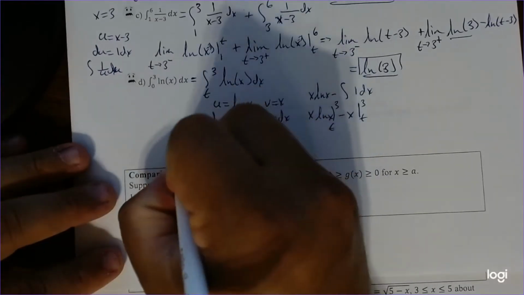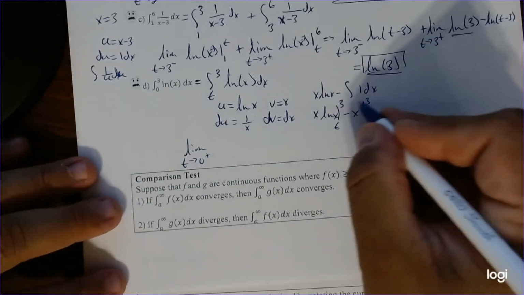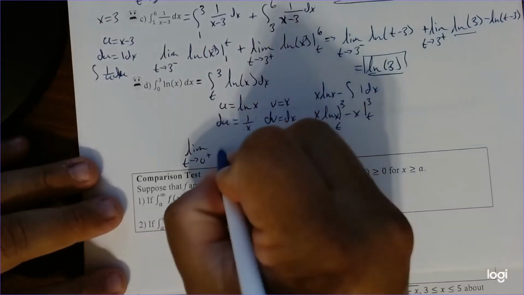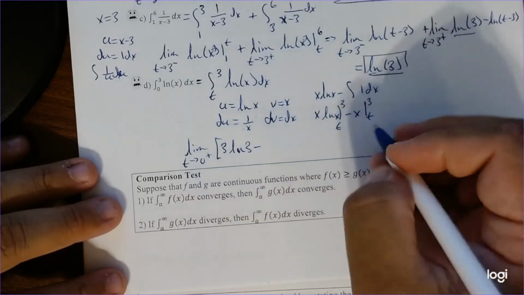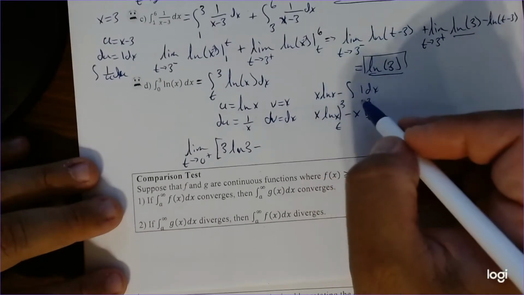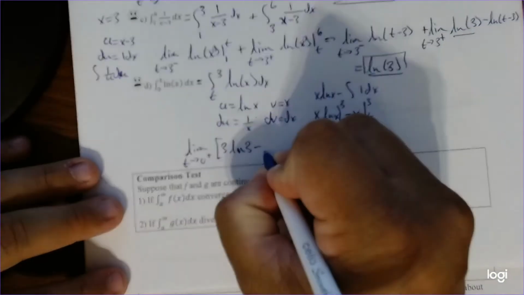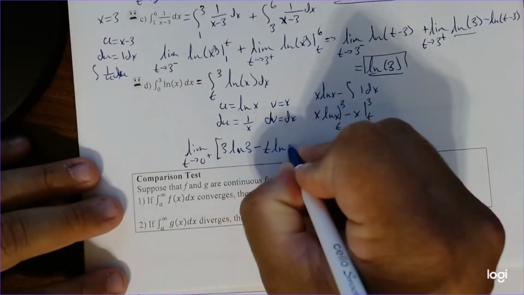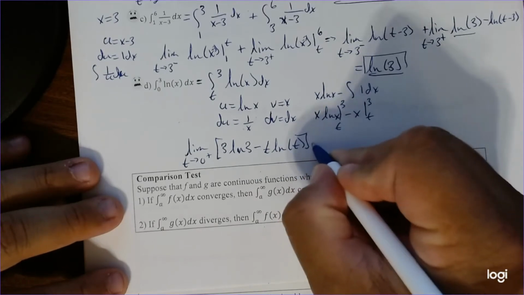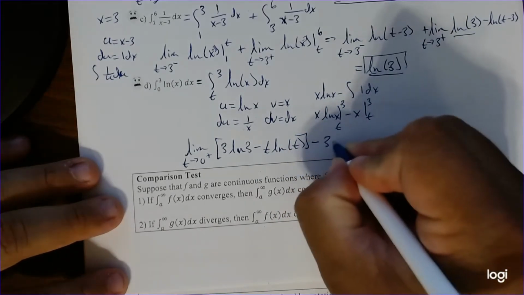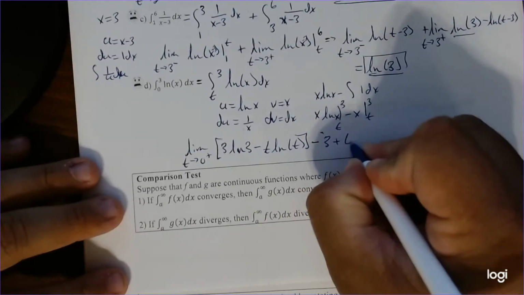Okay. So you take the limit as t goes to 0 from the positive, and plug it in. So this is going to be 3 natural log of 3 minus 3, minus t natural log of t minus t.